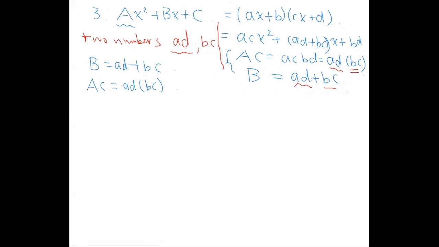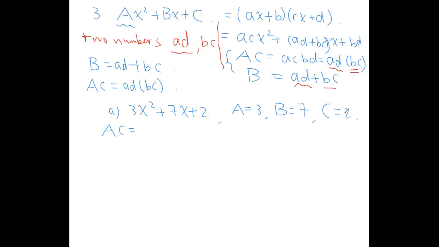You don't need to remember all these, but you need to know how to factor. Let's say the first problem, 3x squared plus 7x plus 2, where A is 3, B is 7 and the big C is 2, right? So you multiply A and C.